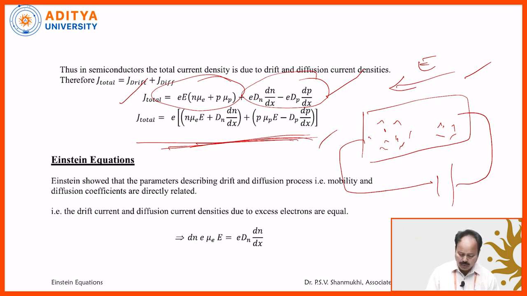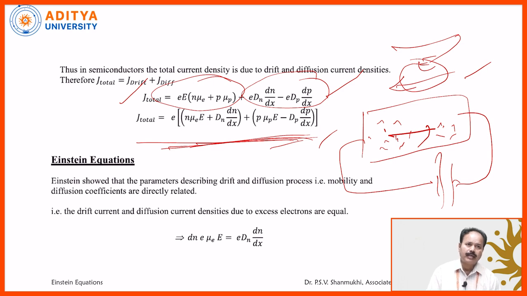Suppose there is an equilibrium state, where the electric field is acting in this direction and the diffusion is there in the opposite direction. Suppose the drift current and diffusion current density are due to excess electrons.